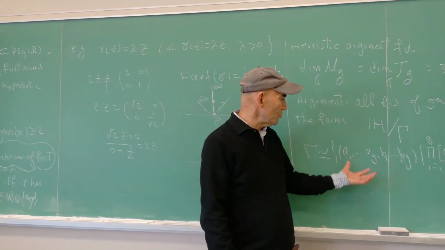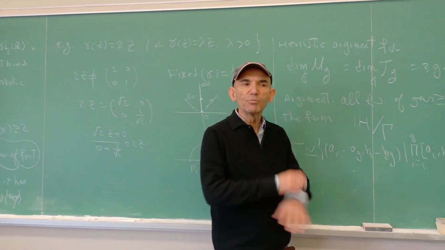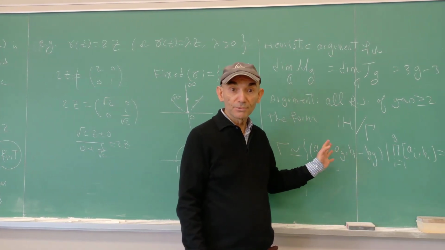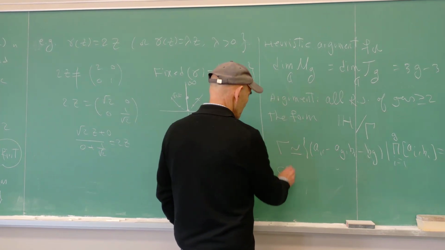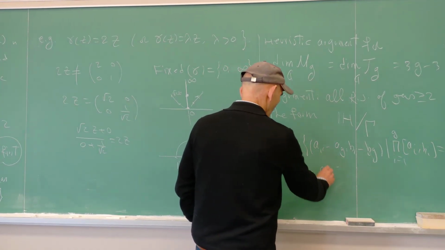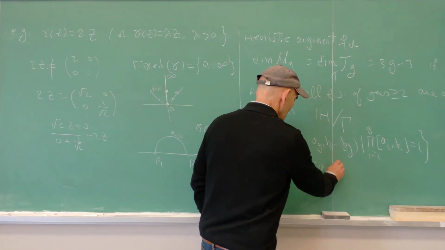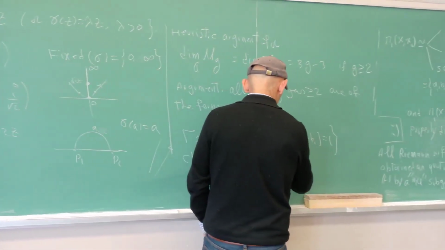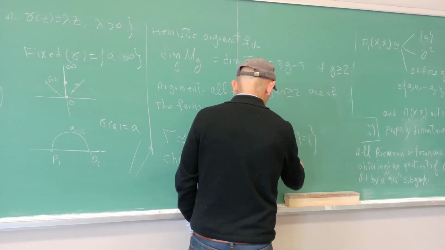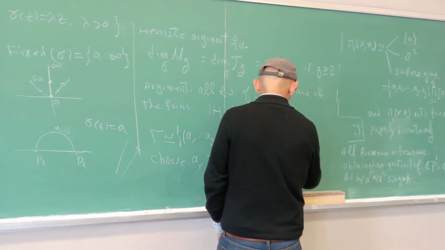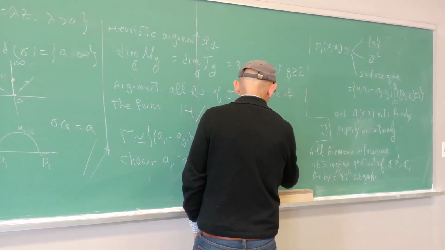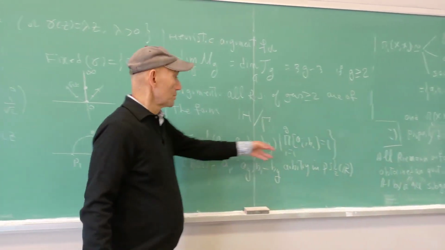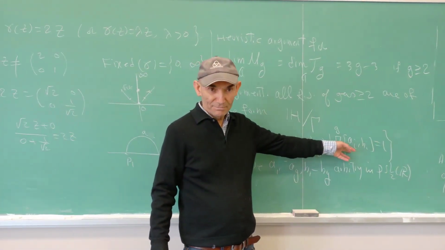Well, you can choose A1, ..., Ag, B1, ..., Bg completely arbitrary inside PSL2R, except for this condition, right?